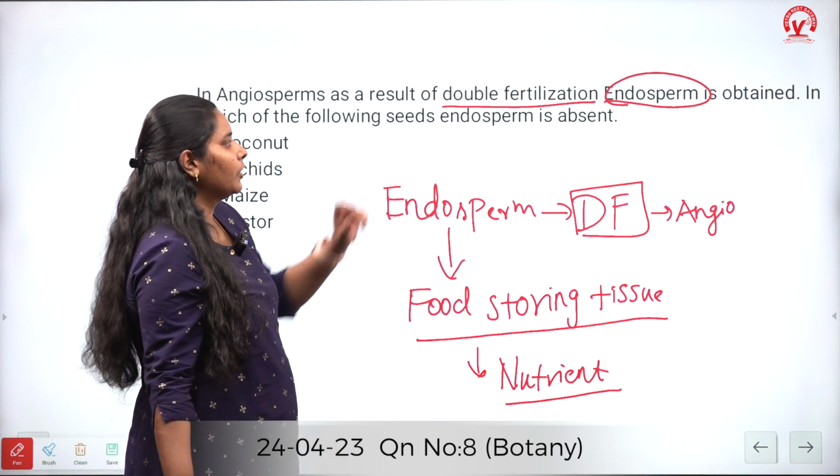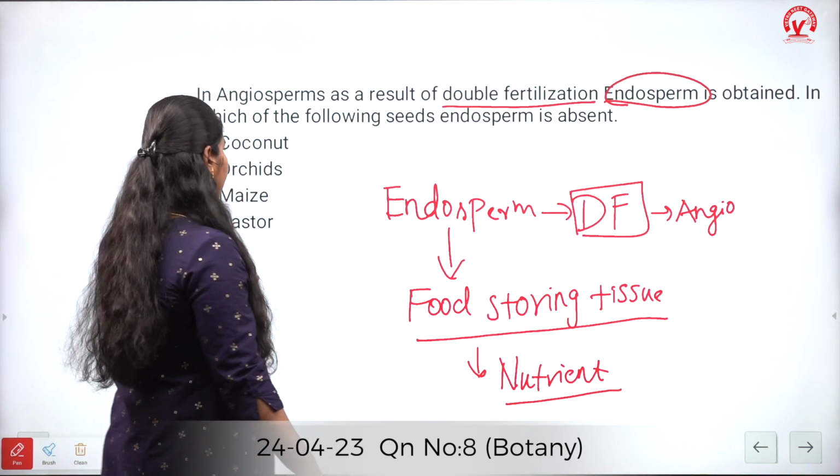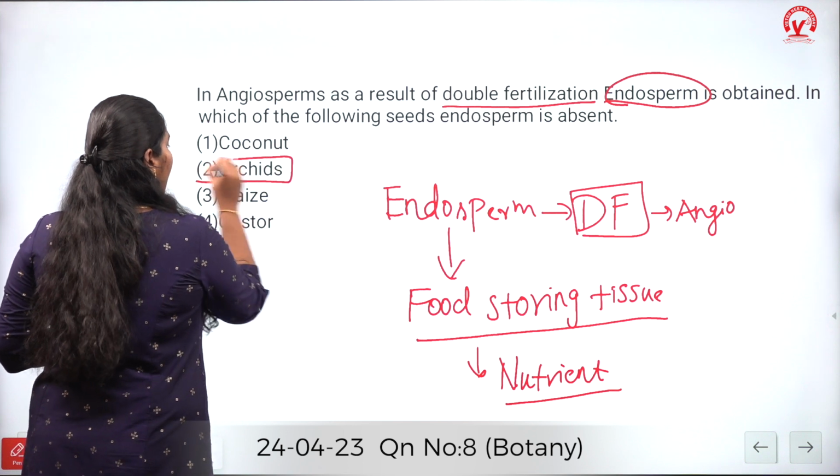So this endosperm is usually absent in the orchids.